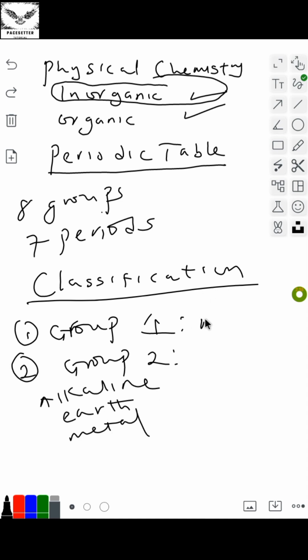The first one is actually alkali, and this is alkaline earth metal.